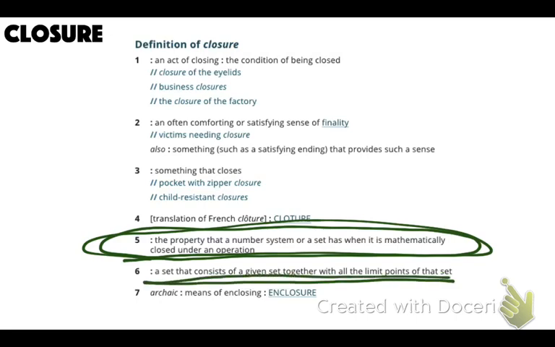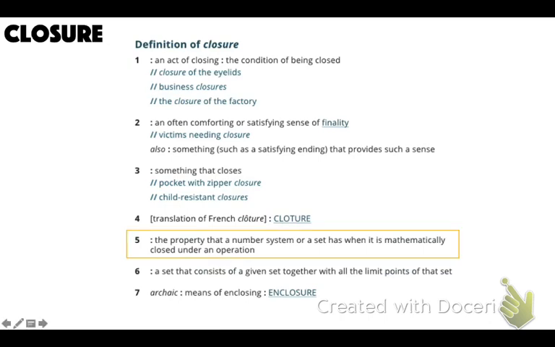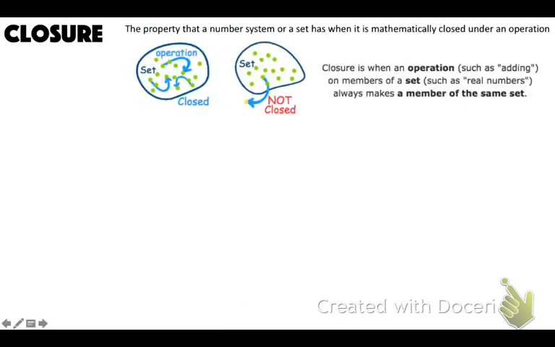That's also kind of true for math, okay? So what the heck does that mean? So basically, the property that a number system or a set has when it's mathematically closed under an operation. So closure is when an operation, such as adding on a set, always makes a member of the same set.